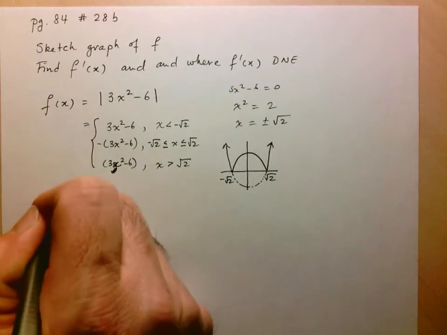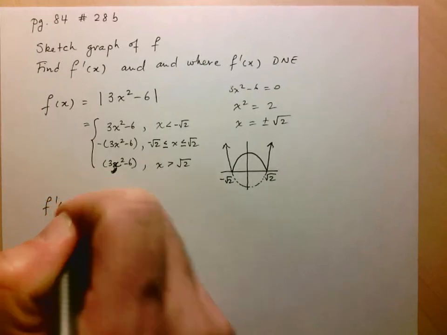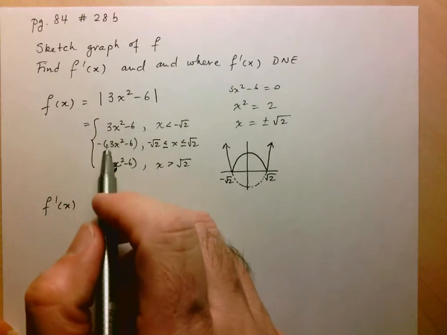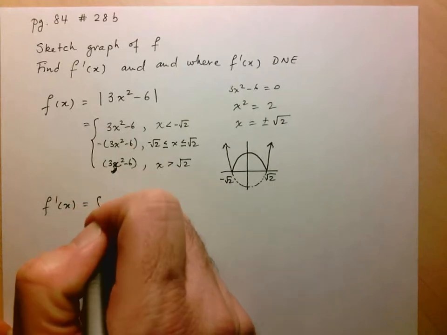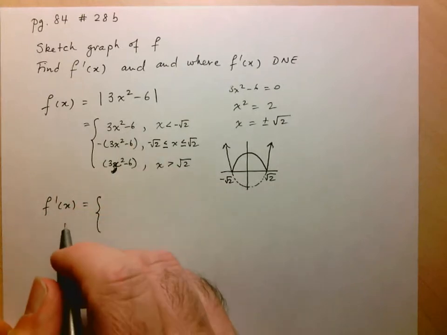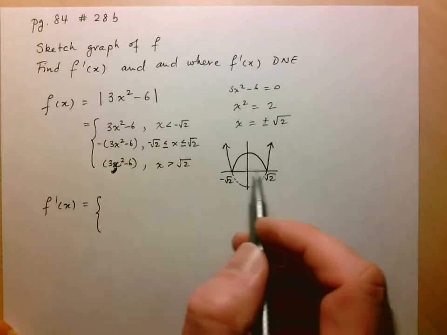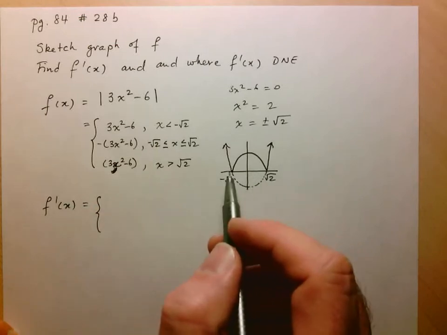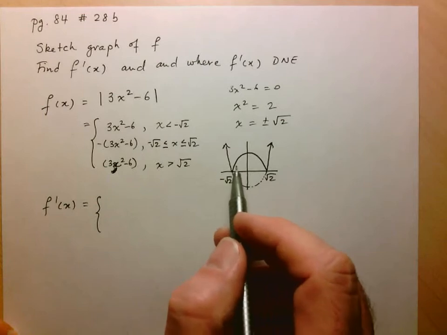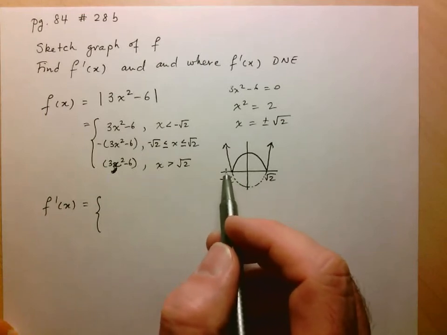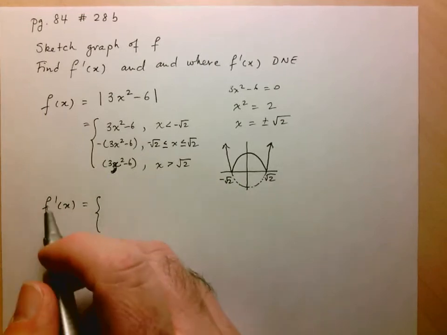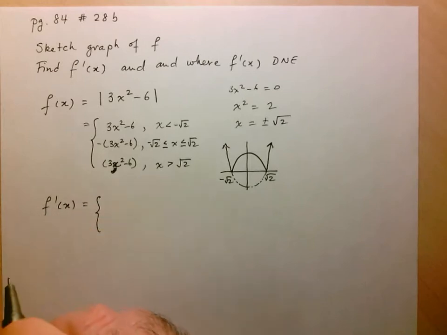Okay, so if we want to find the derivative of this function, we can just find the derivative of the individual components. Now the only thing you've got to keep in mind is that at negative root 2 and root 2, the equation changes on either side, so we're going to have to check to see whether the derivative is actually defined at those points.